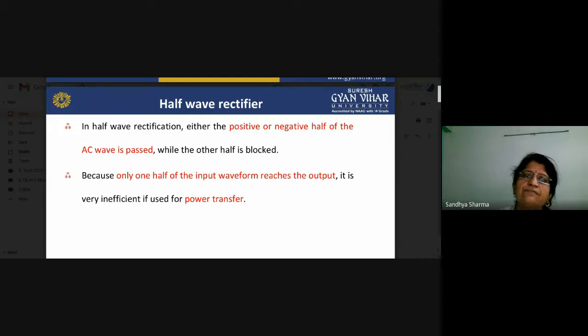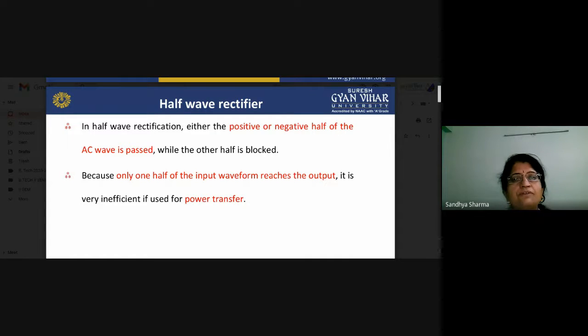In half wave rectification, an AC signal has positive half cycles and negative half cycles. When we talk about the half wave rectifier, only half of the cycle, either the positive half cycles or the negative half cycles, will be converted into the DC signal and the other half will be blocked.